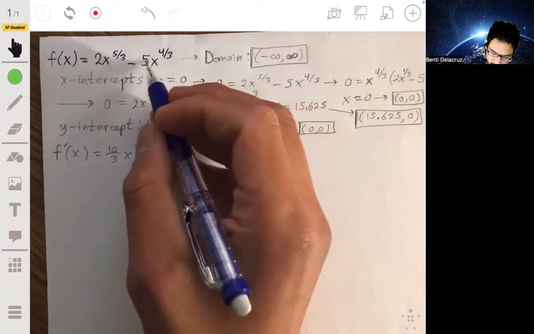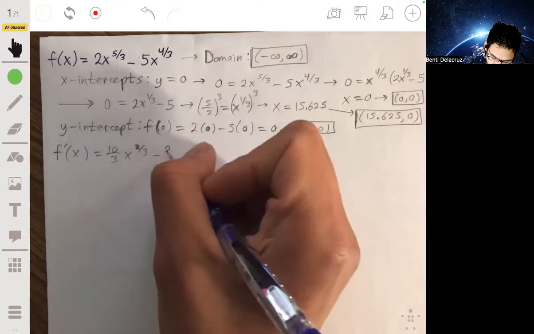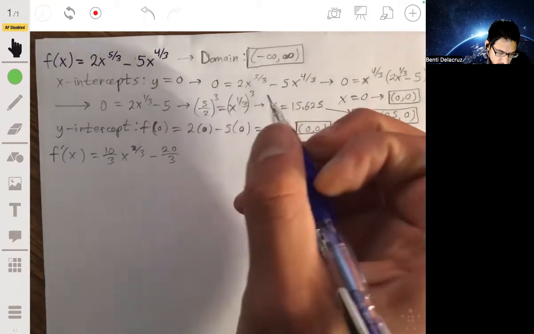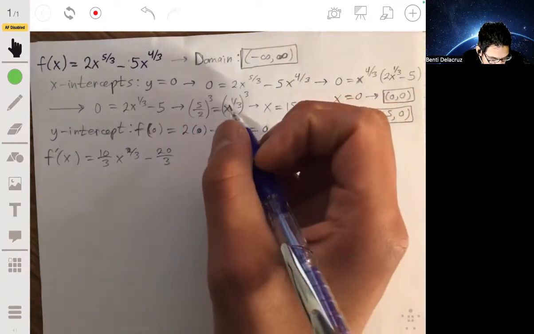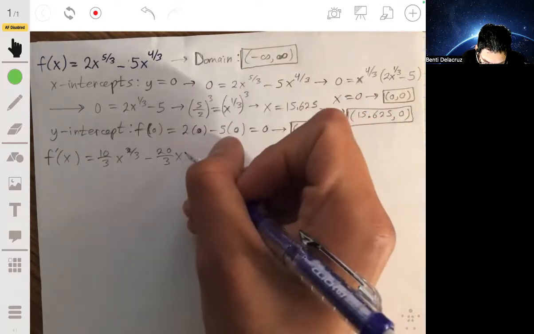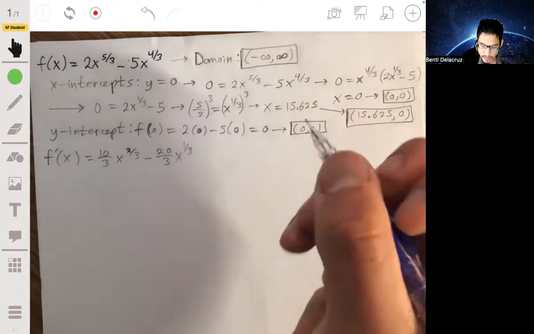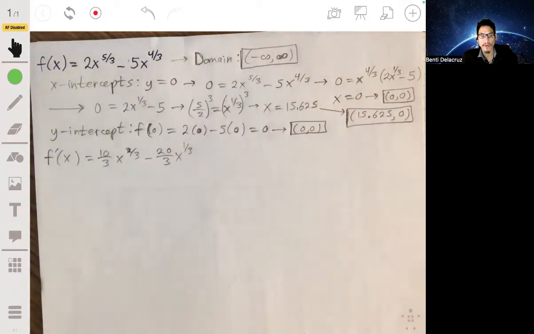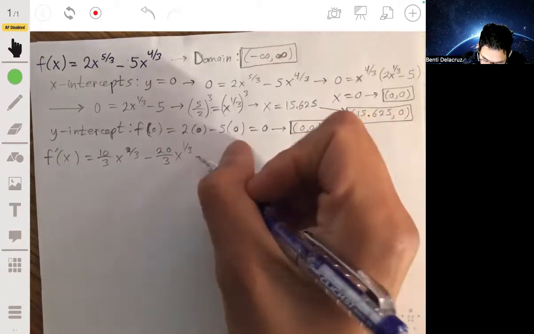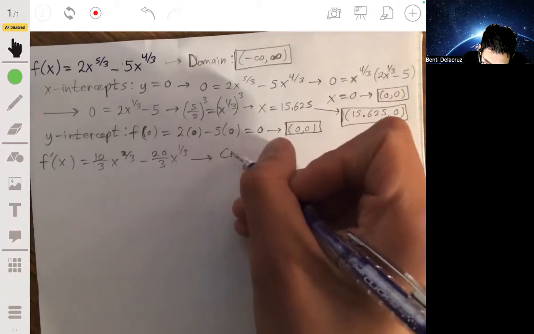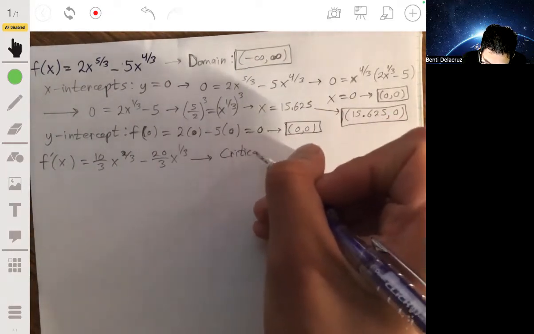Then 4/3 times 5, so minus 20/3 x to the 1/3 power. Okay, and then find some critical values. Let's identify possible critical values.